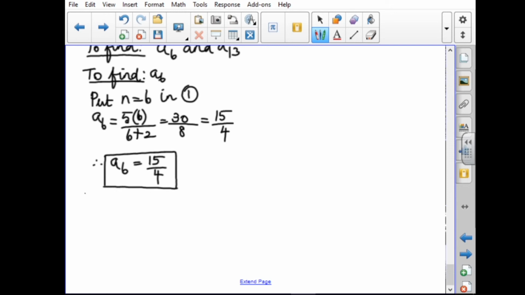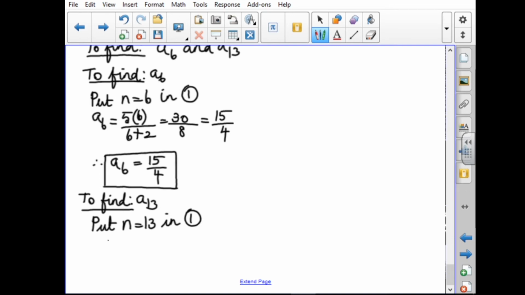Next, to find a13, put n equal to 13 in 1.